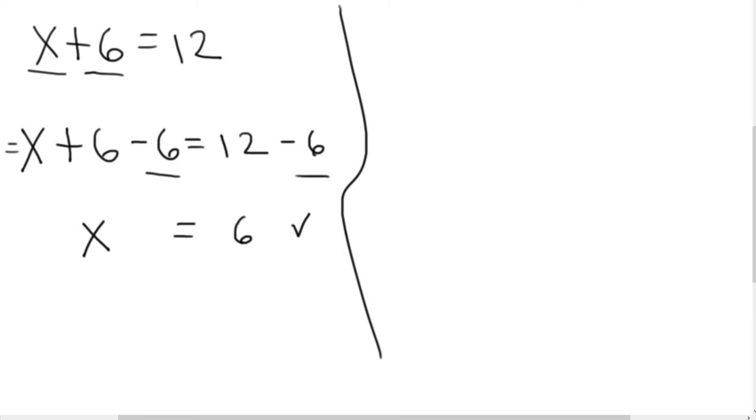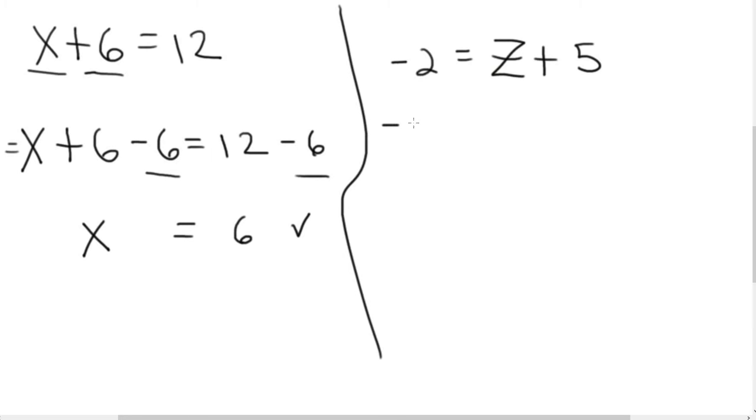Let's look at another example. If I have negative 2 equals z plus 5, I want to solve this for z by the subtraction property of equality.